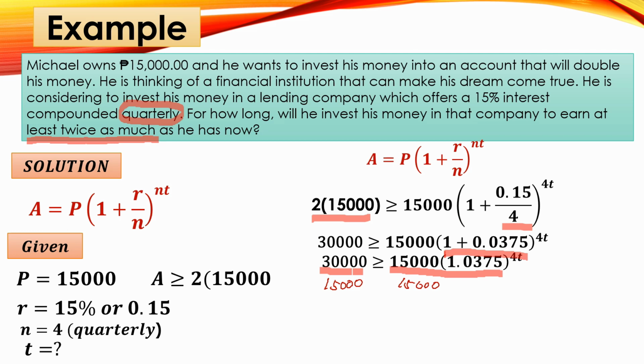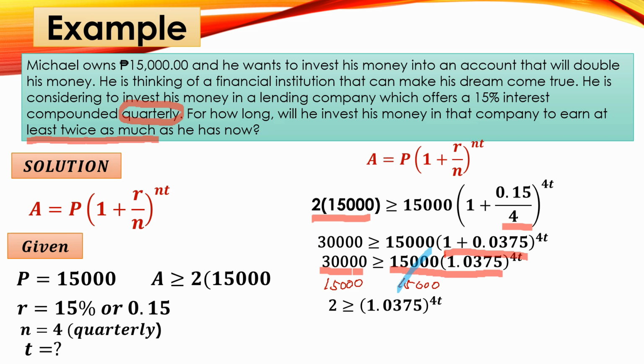So, cancel. So, 30,000 divided by 15,000 is 2, greater than or equal to 1.0375 raised to 4t. So, this is an exponential.